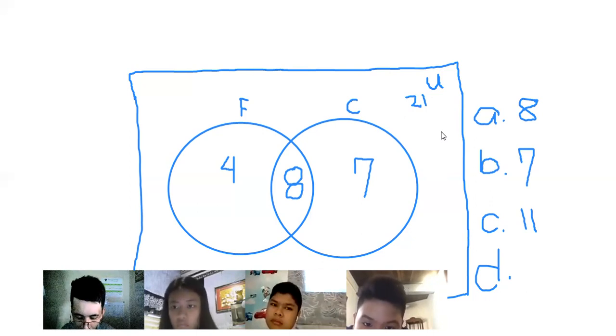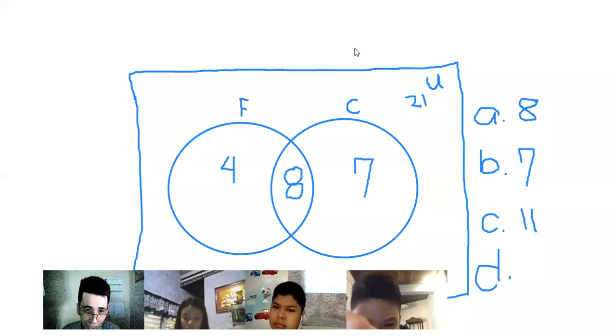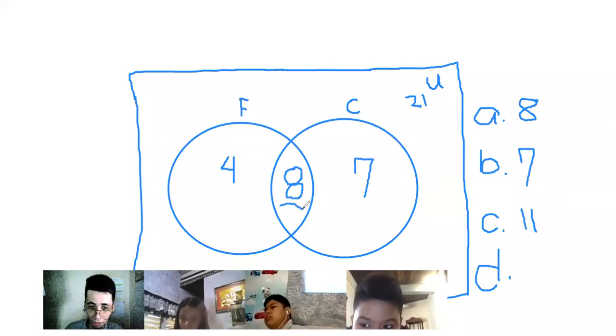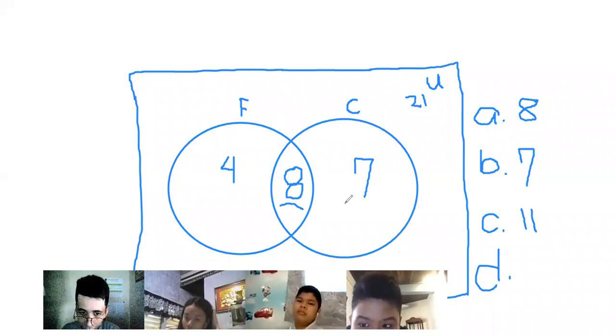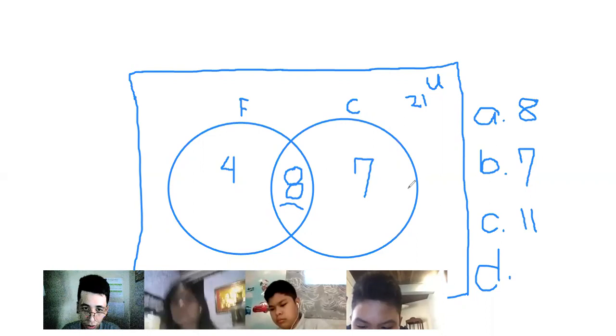So take note nyo na lang dyan kasi sa book nyo may nakalagay na 19. So sundin natin yung book. Although pwede rin namang 8 yung gamitin natin because they are taking French or Chinese. Okay? That should be 8 also. Okay?